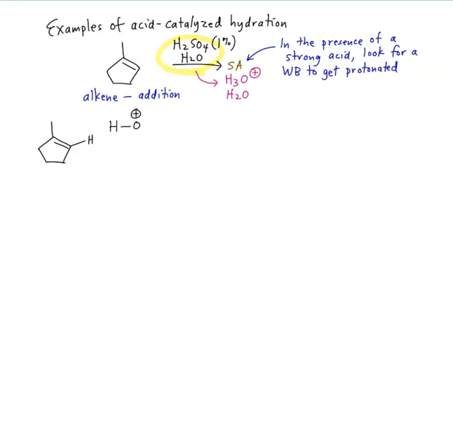So in the first step, the alkene accepts a proton from H3O plus. The proton is going to attach to the less substituted alkene carbon, and the more substituted alkene carbon is going to form a carbocation.